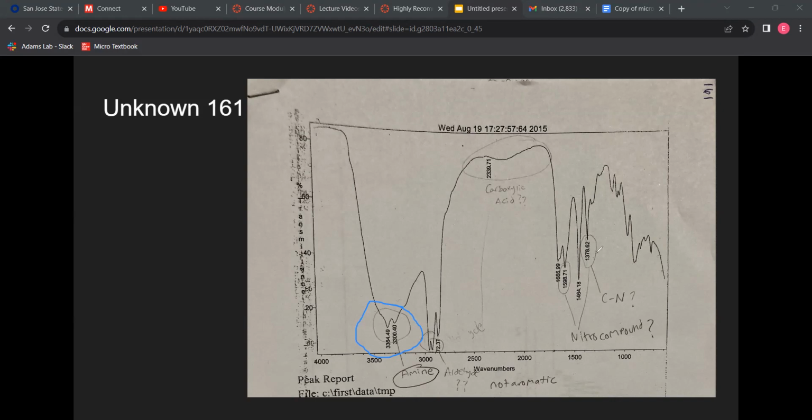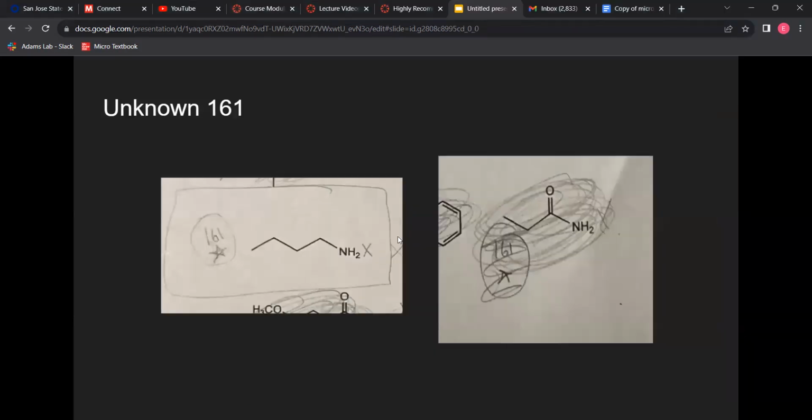This is also supported by a possible carbon-nitrogen peak at around 1370. The two possible structures I got from this were 1-butylamine and butanamide.